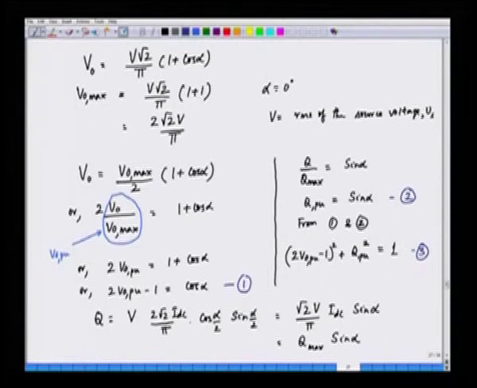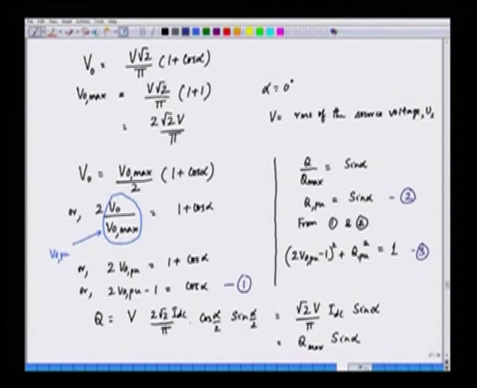So, from equation 1 we have cos theta. So, 2 V naught pu minus 1 square plus q per unit square is equal to 1, and this equation 3 can be plotted.